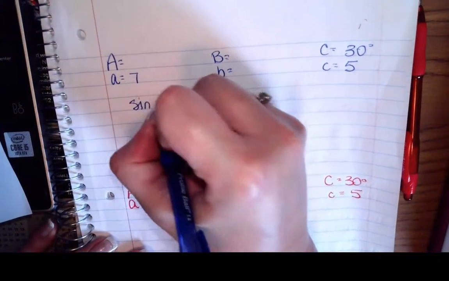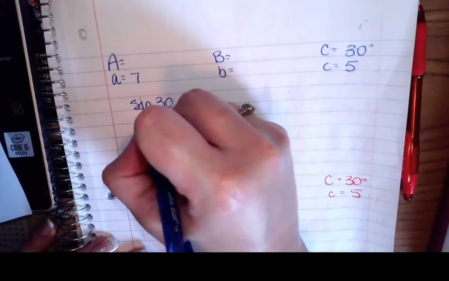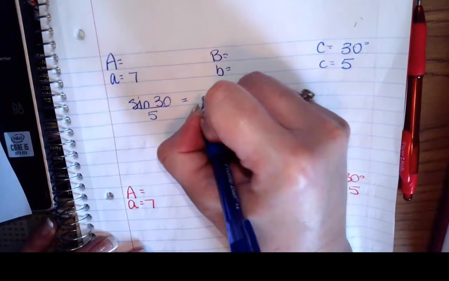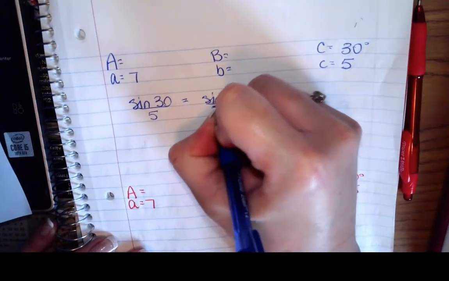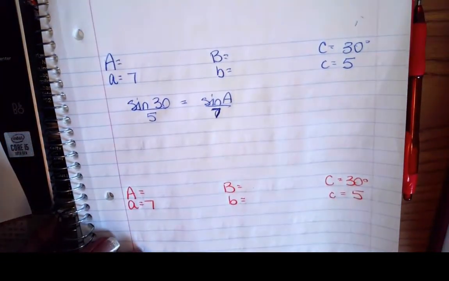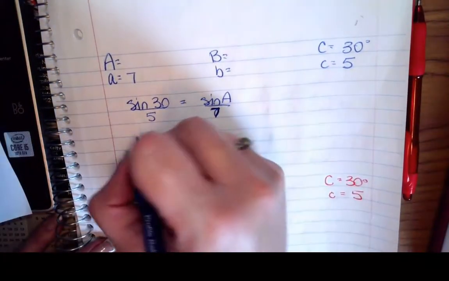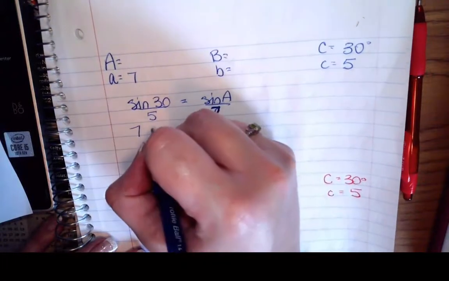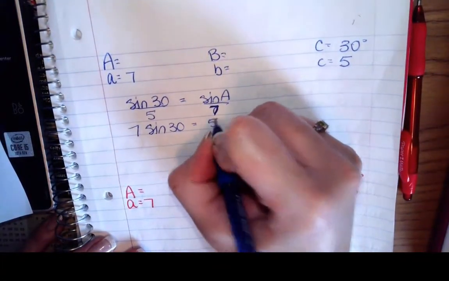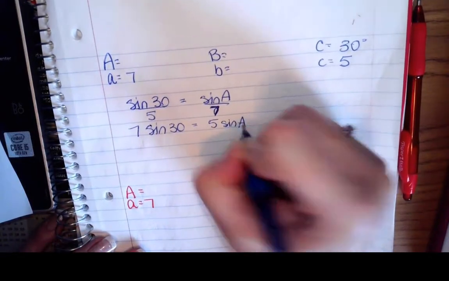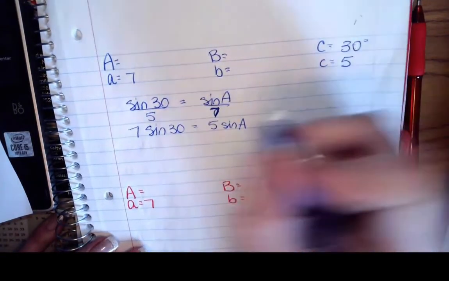So the sine of 30 degrees over 5 is going to equal the sine of big A over 7. So cross multiply. I get 7 times the sine of 30 equals 5 times the sine of A.